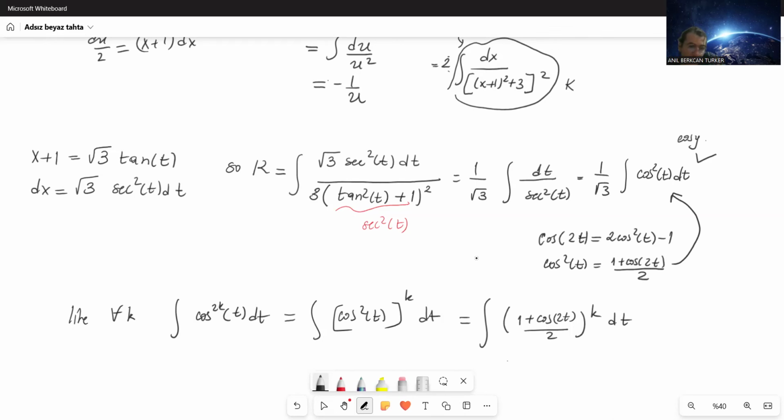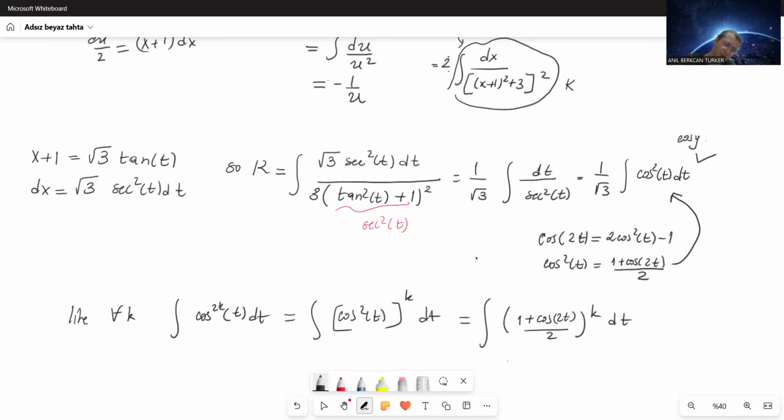If k is always even, you can go back to the cosine case, which is solvable. If it is odd, then there is one extra cosine. Other cosines can be transformed into sines, and this one extra cosine can be your du, as your sine is u, so it is also solvable.